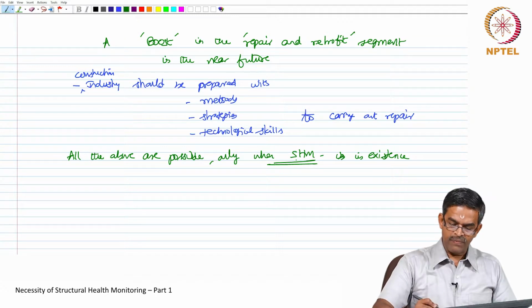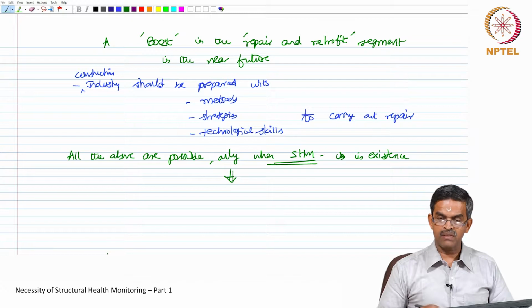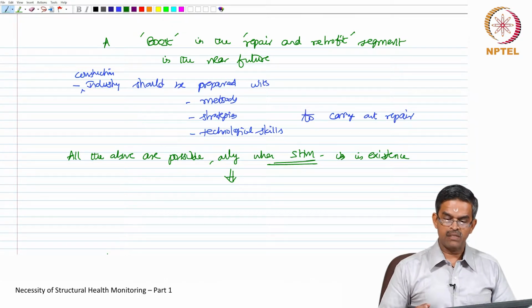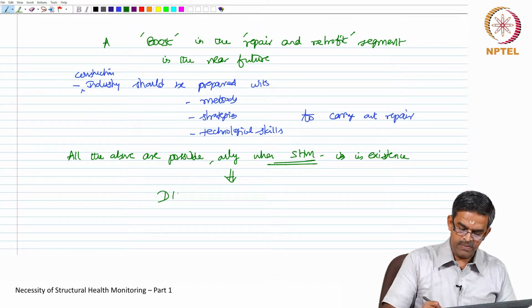On a healthy practice of SHM, the major and successful outcome expected by the Indian government in the present scenario is disaster prevention.